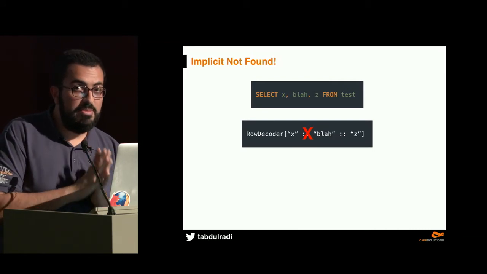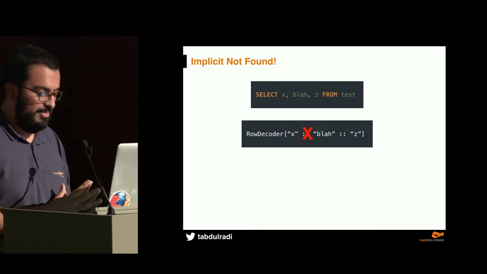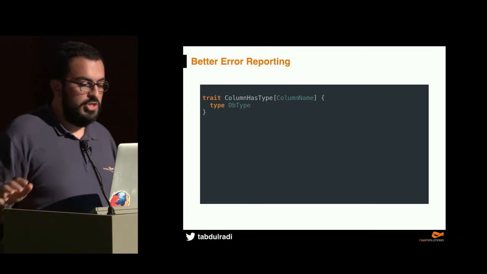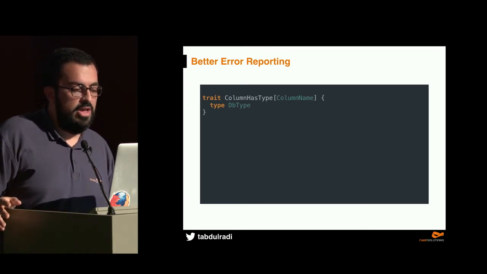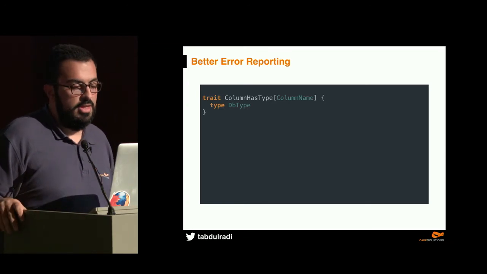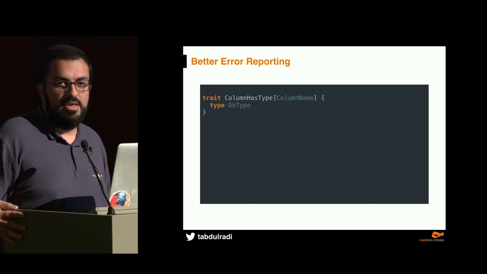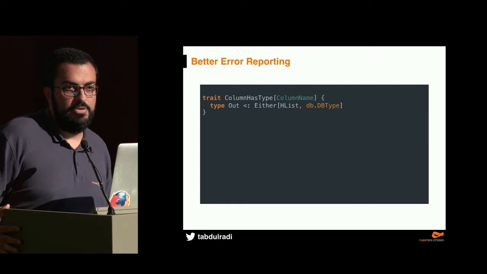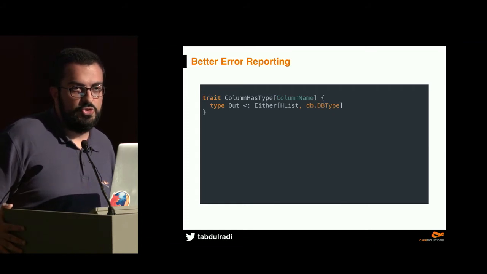So the solution I made for that, this is a hack. Don't throw tomatoes at me. I'll redefine my column has type. Instead of the output being a very optimistic type, I would write it as an either of something on the left, which should be an error message encoded as a HatchList.